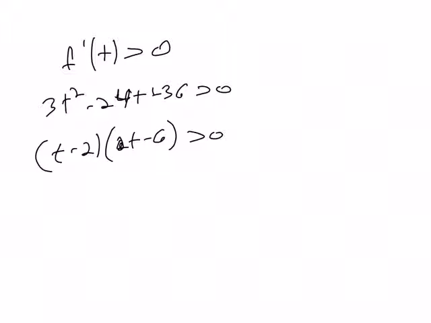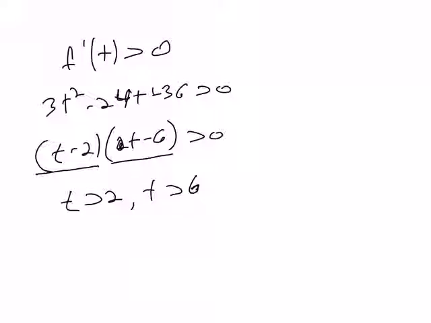So when is this the case? Well, if both of these are positive, then the product is going to be greater than 0, right? And both of these are positive when t is greater than 2 and t is greater than 6.